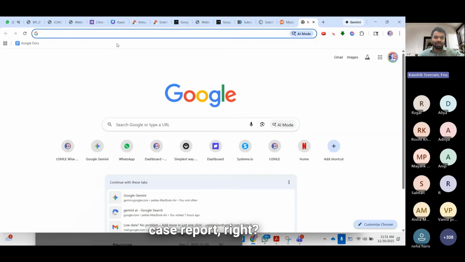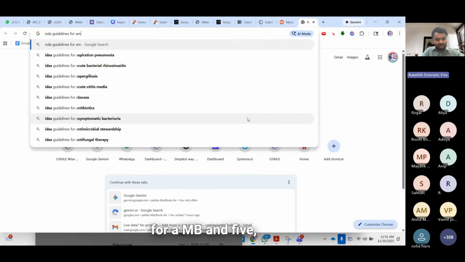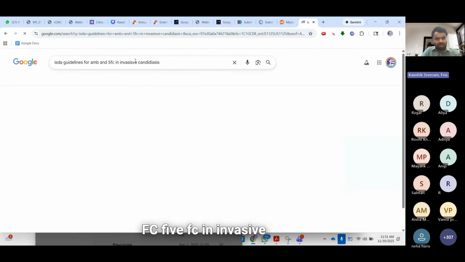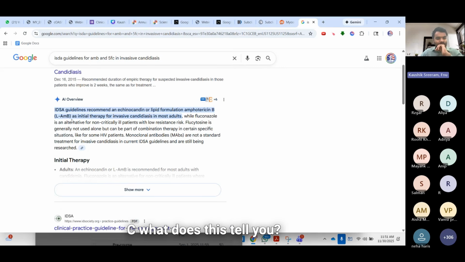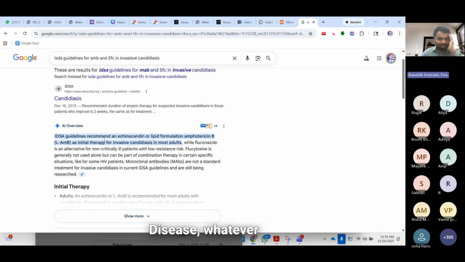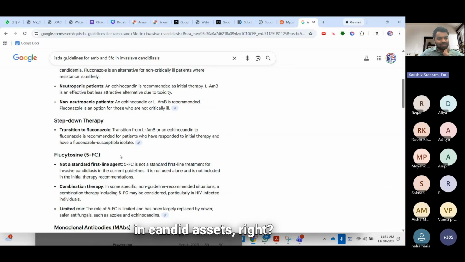Now, like a case report, right? ISDA guidelines for AMB and 5FC in invasive candidiasis, right? See, what does this tell you? ISDA is the International Society for Infectious Disease. ISDA guidelines recommend echinocandin or amphotericin B with 5FC in candidiasis, right?